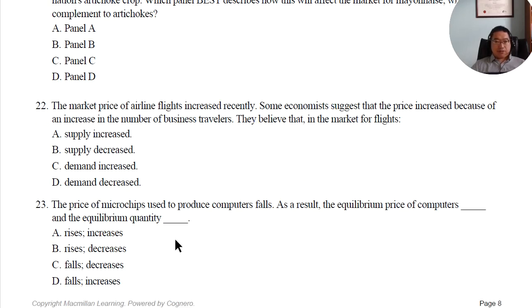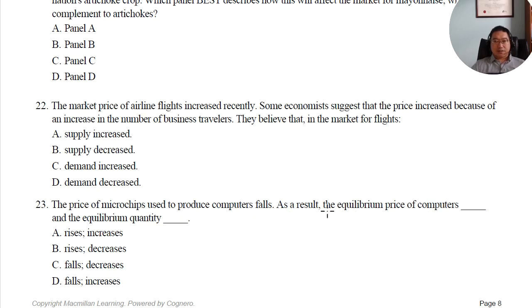Okay, now let's look at question 23. The price of microchips used to produce computers falls. That's an input price decline. As a result, the equilibrium price of computers. Again, this is about supply and demand.